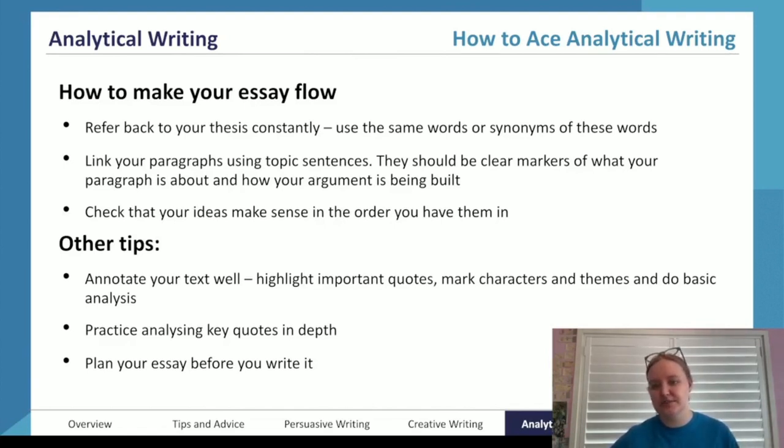Other tips outside of the actual exam room as you're writing: annotate your text really well, highlight important quotes, mark up characterization and change and development in characters and change and development in relationships as well, mark themes, and you can even do a little basic analysis in the margins of your text as well.